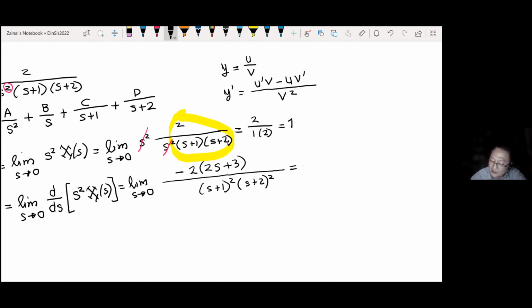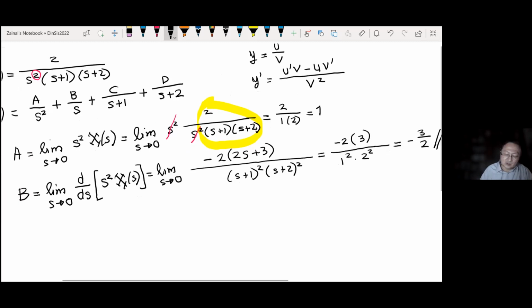What you have is minus 2 multiplied by 3, while the denominator is 1 squared multiplied by 2 squared. So this becomes minus 3 over 2.